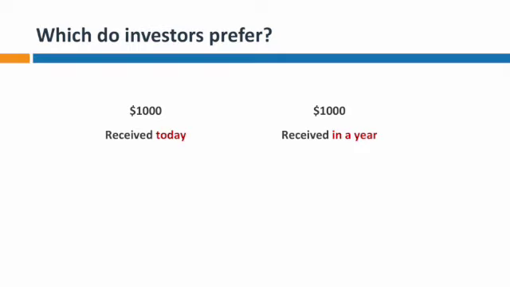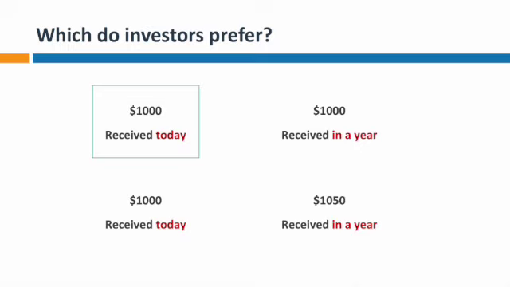The right answer, hopefully, is that you would prefer to get the $1,000 today. And the second question we can ask is, would we prefer $1,000 received today, or $1,050 received in a year? Here we might already ask ourselves, I'm not really sure what the inflation rate would be, what other factors there are, who am I getting the money from?